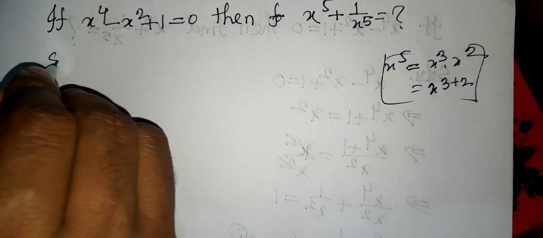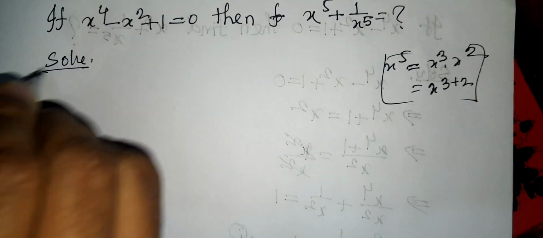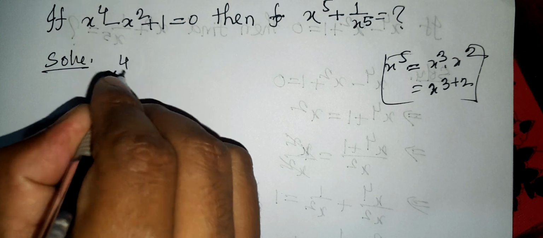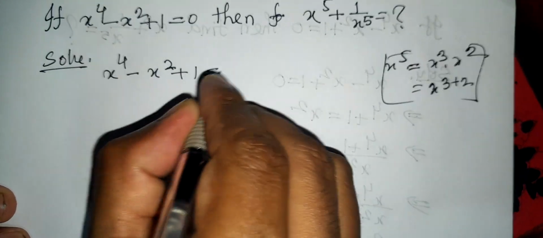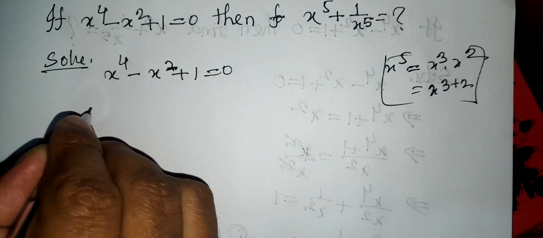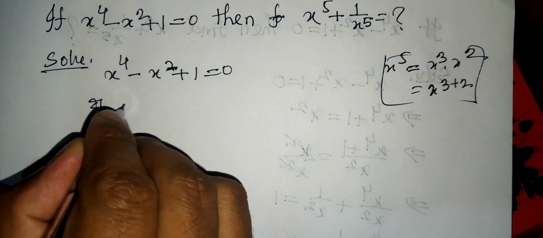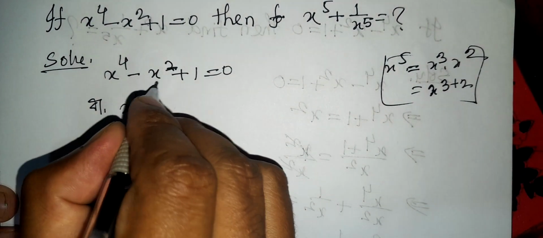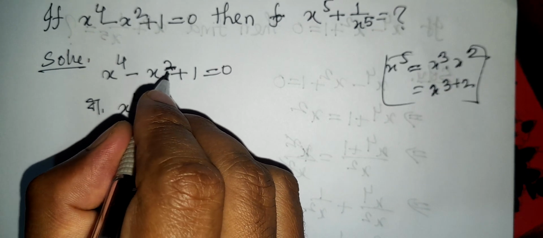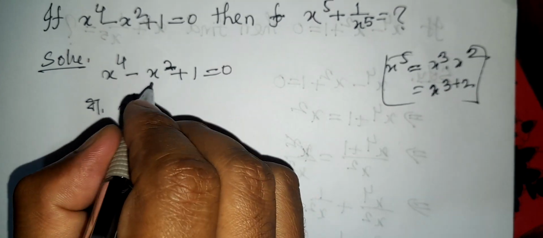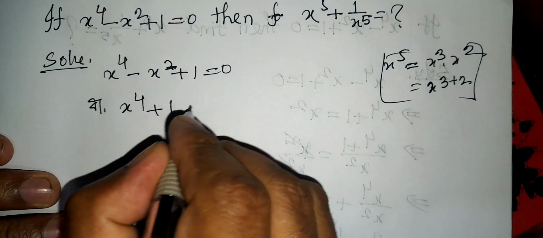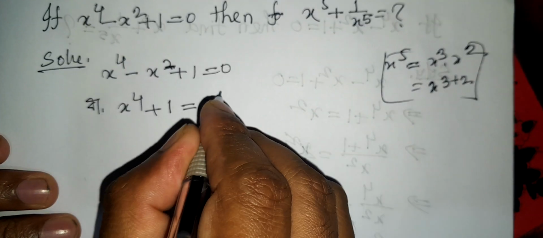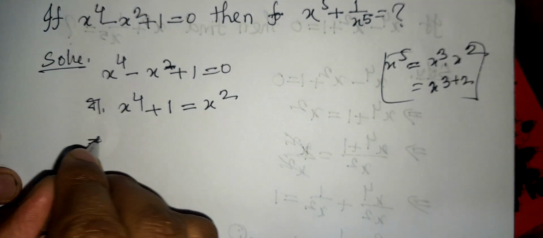Let's start. Solution. Here given that x to the power 4 minus x square plus 1 equal to 0. Here x to the power 4, and now we transfer x square from left side to right side. x to the power 4 is equal to x square.